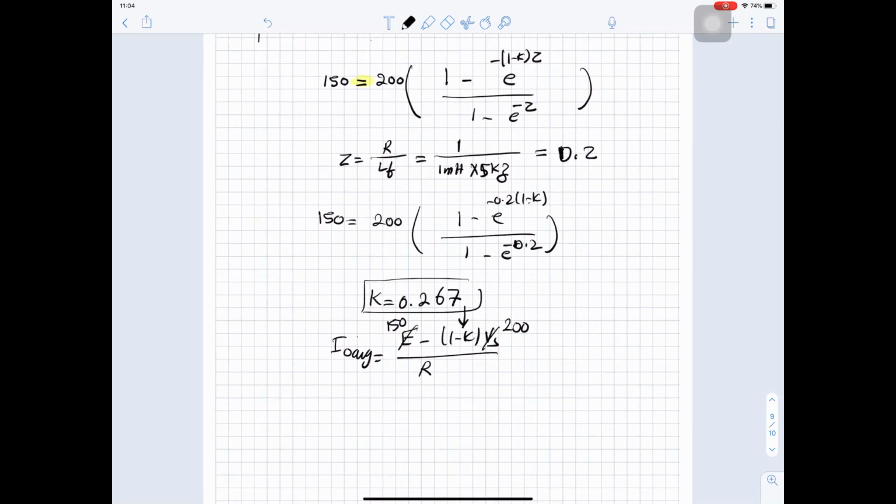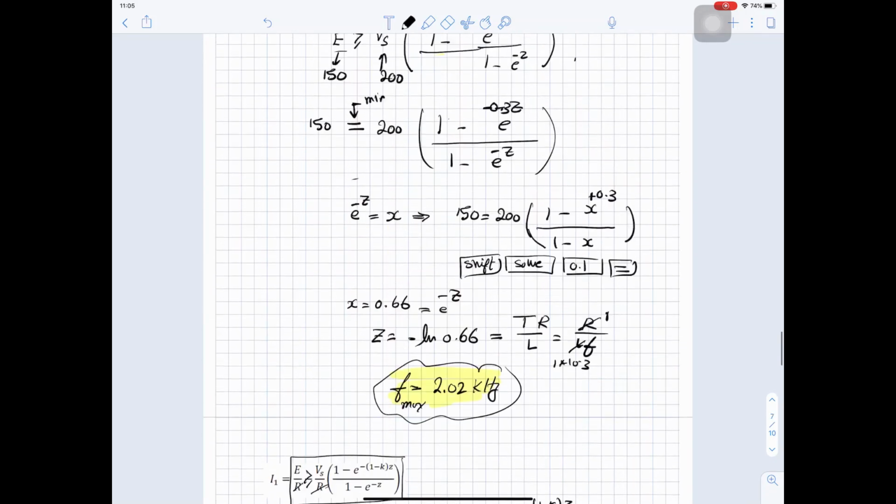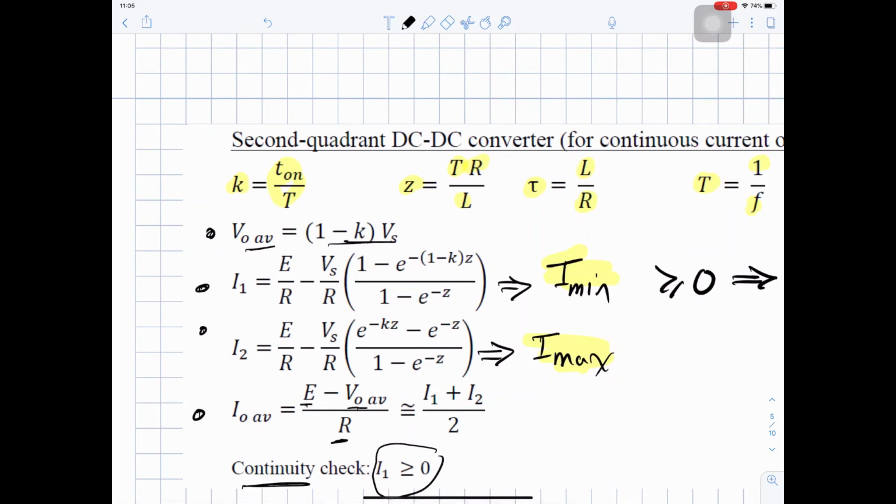You can be asked to calculate the minimum duty cycle to be continuous, maximum E or maximum speed before being discontinuous, minimum frequency to be continuous, maximum frequency before being discontinuous, etc. So you can be asked for any variable. It's one equation, for I minimum, as you can see. So in this equation, I have to give you all the variables except one.